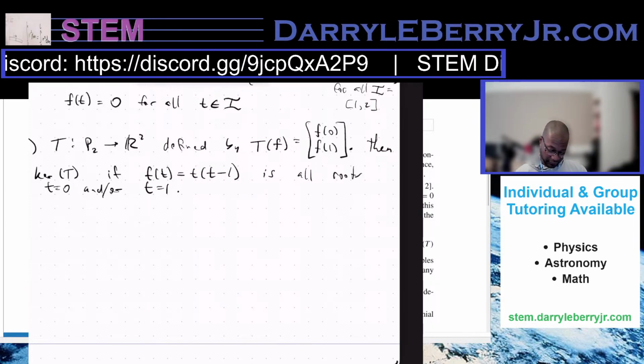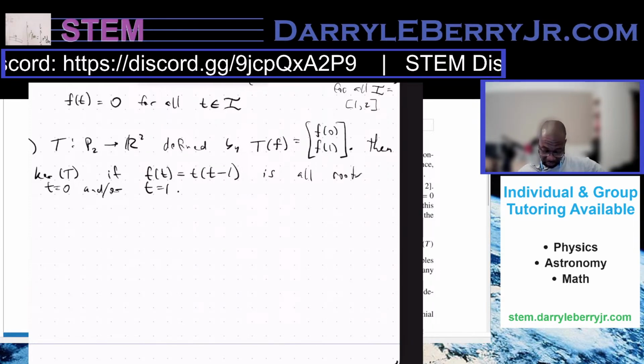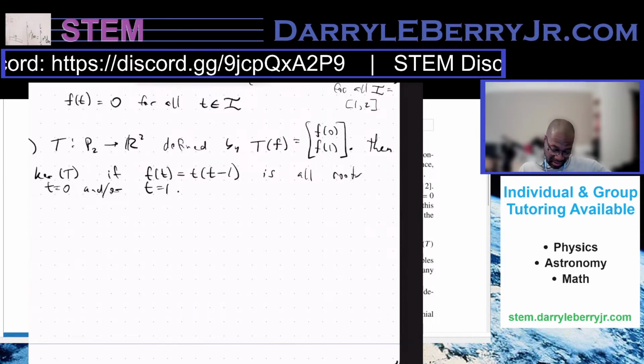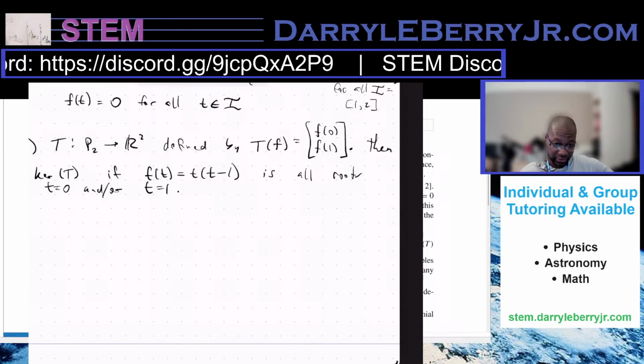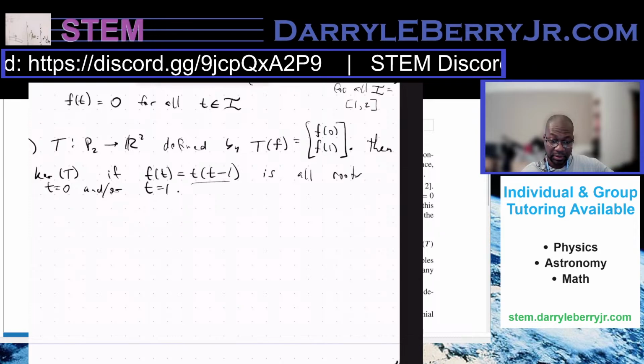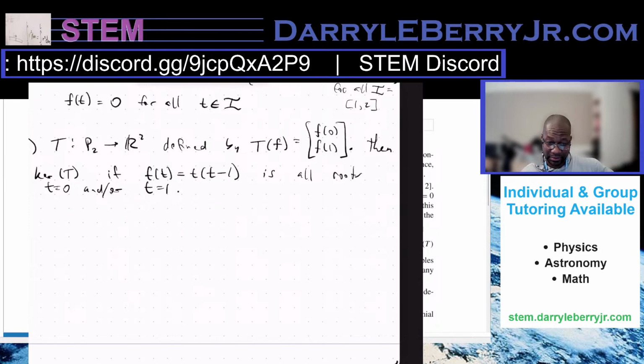So if I put in 0 for t, then of course it just multiplies to 0. If I put in 1, then 1 minus 1 is 0. So I just swapped the order of that and it made more sense to me.